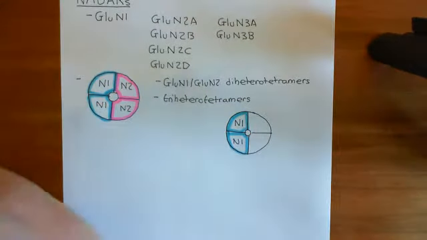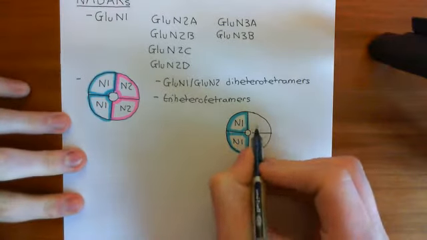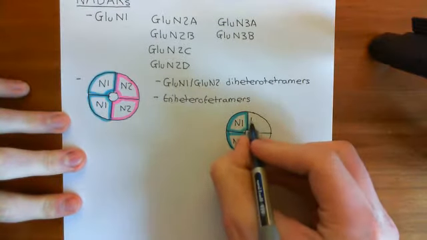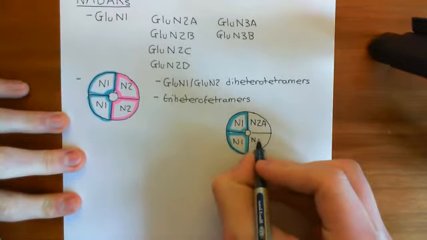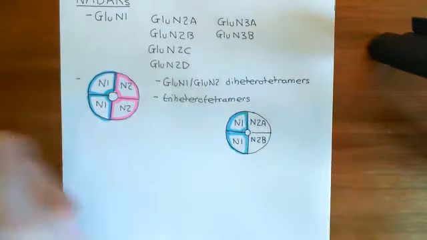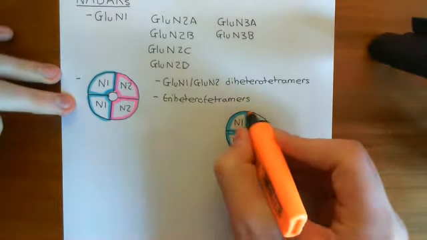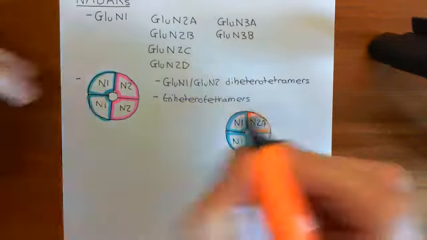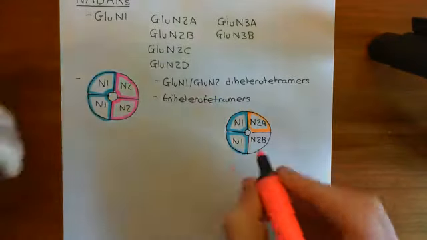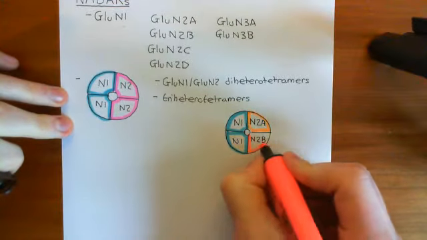But now you have 2 GluN2 subunits here, but they're not necessarily the same. So this one, for instance, could be GluN2A, and this one here could be GluN2B. Okay, so let's highlight GluN2A in orange here, like so, and then we'll have GluN2B in red here.